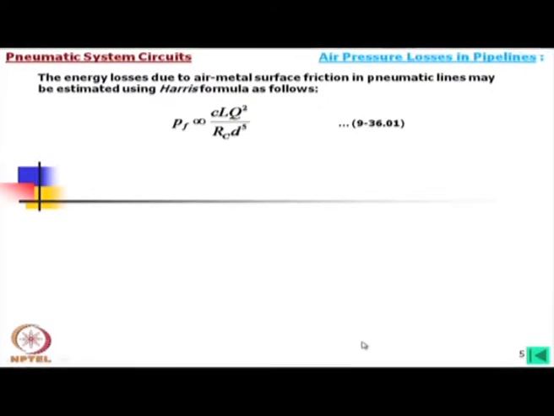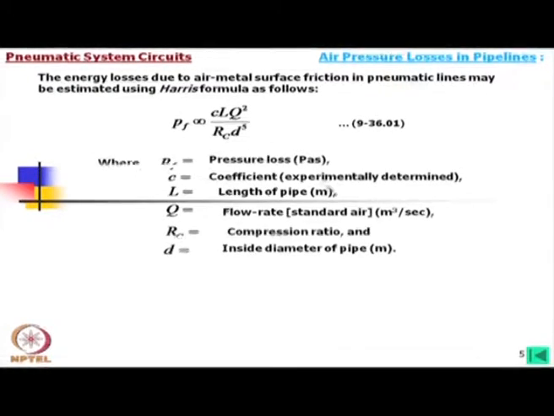Now, the energy loss due to air and metal surface friction in pneumatic lines may be estimated using the Harris formula, where the loss in terms of pressure is expressed in this form. P f is the pressure loss in pascals, and C is a coefficient which is to be determined experimentally, for pipe losses.